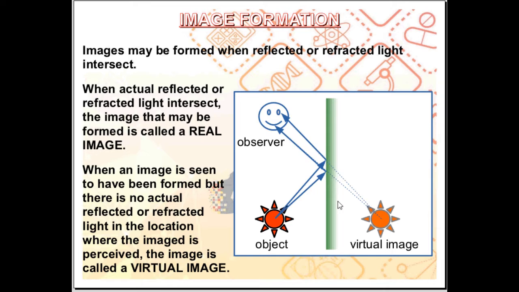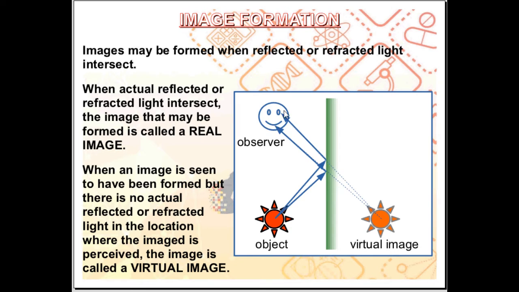For instance, say you have a reflecting surface, a mirror, and you have an object. Light from the object is reflected off the mirror, bounces off the reflecting surface, and eventually the light reaches an observer's eyes.